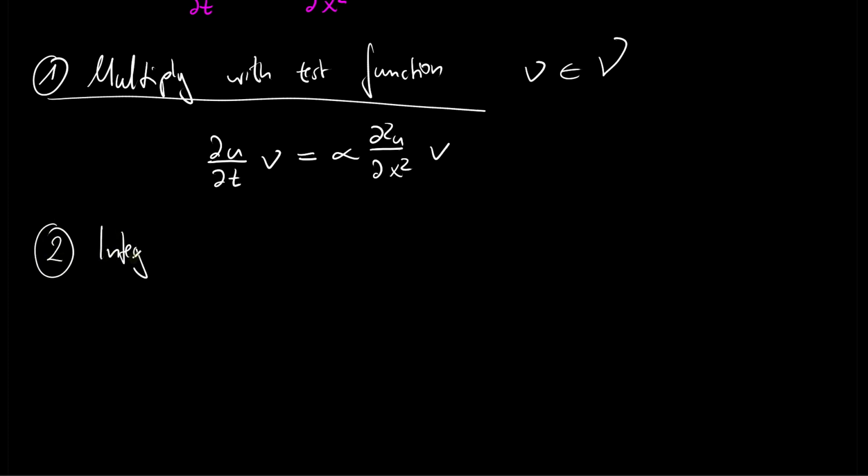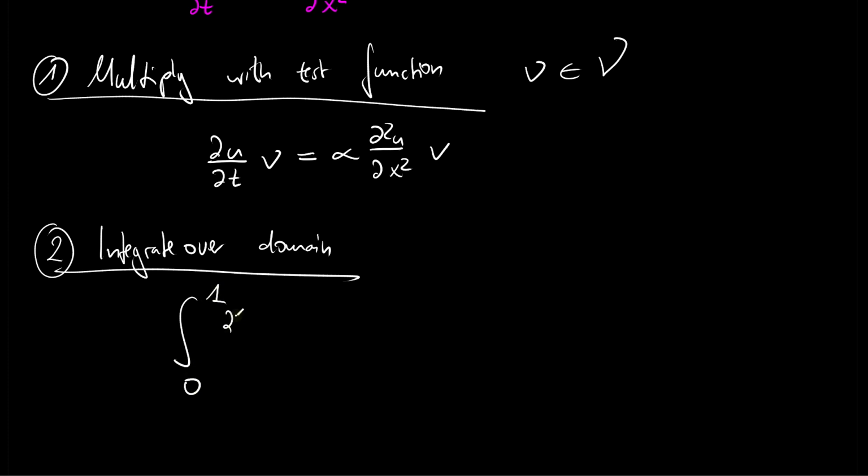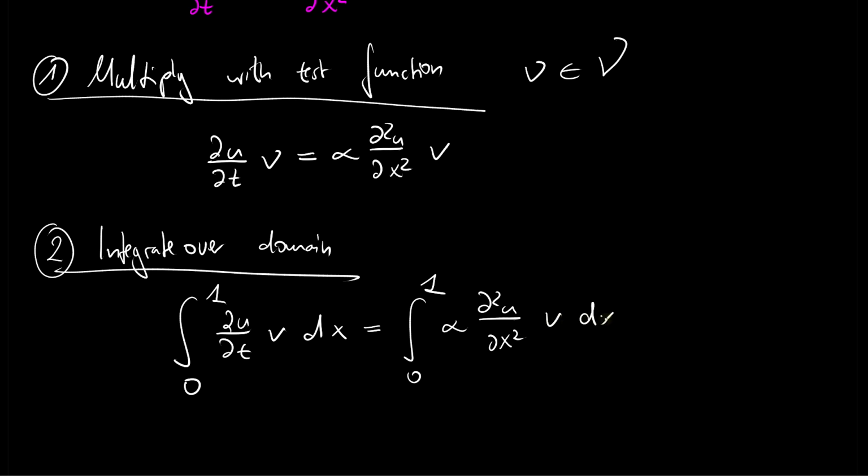So we will take our multiplied strong form and perform the integral from 0 to 1. First, left-hand side: du with respect to t times v dx shall be equal to the integral from 0 to 1 over alpha times the second derivative of u with respect to x times v dx.